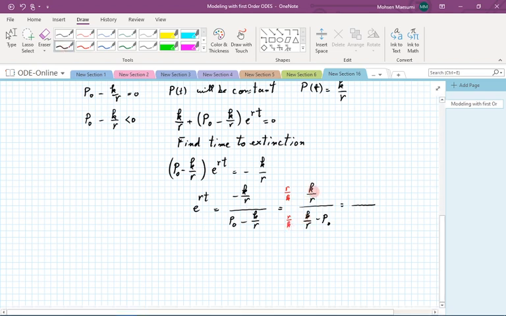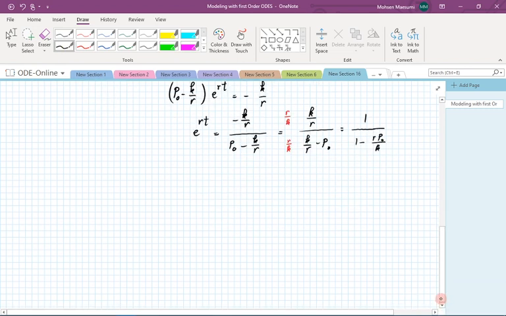What happens is that this becomes 1, this also becomes 1, and then we have R P0 over K. So we have collected all of our factors in one number as opposed to having them all over the place.